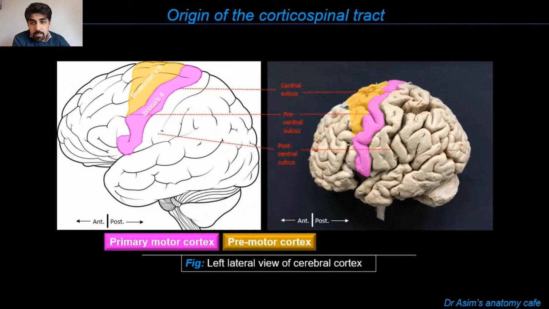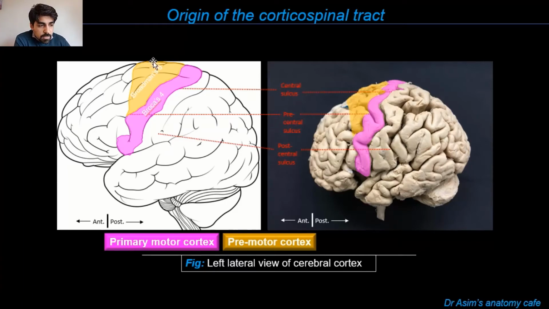Then the remaining one third of fibers of the corticospinal tract originate from the premotor area. Now the premotor area has been color-coded in yellow or kind of orange over here, and you can see this is the Brodmann's area 6. Now the premotor area is a higher order motor association area, so it is more concerned with the motor planning.